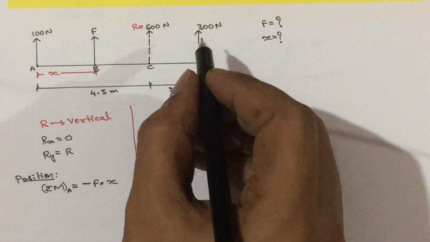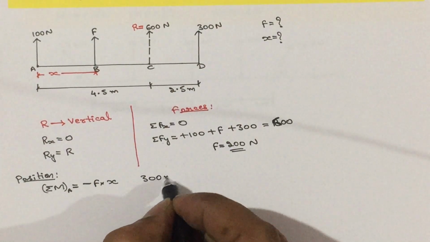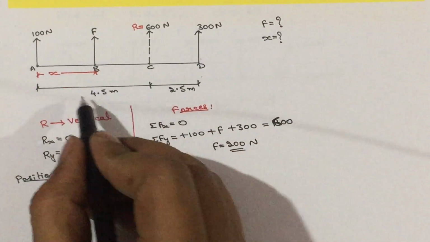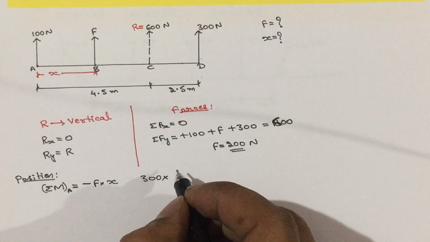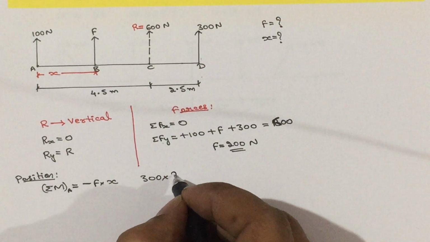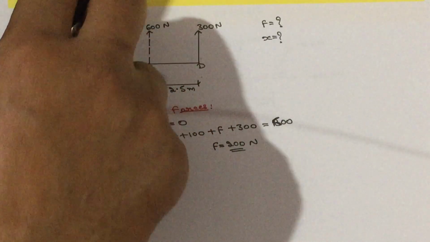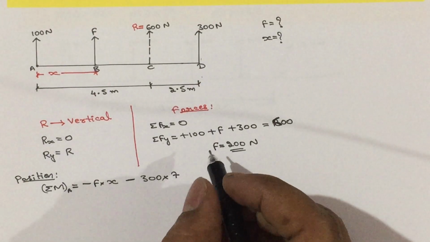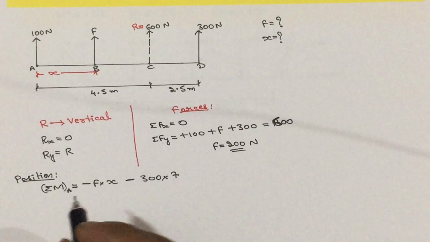Then it is the resultant force, leave it. Then the next force is 300 into the perpendicular distance between this 300 Newton line and the point A, which is 4.5 plus 2.5, that is 7, and with respect to A this force is rotating in the anti-clockwise direction, so minus. Then sigma MA is equal to what we got.